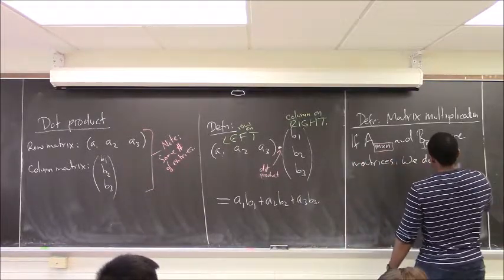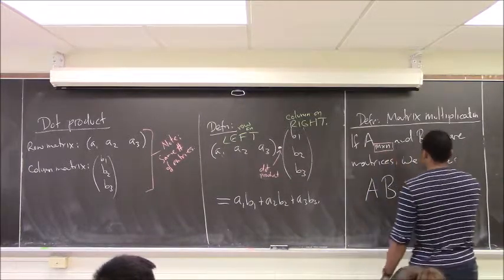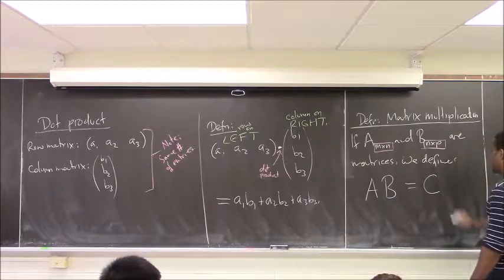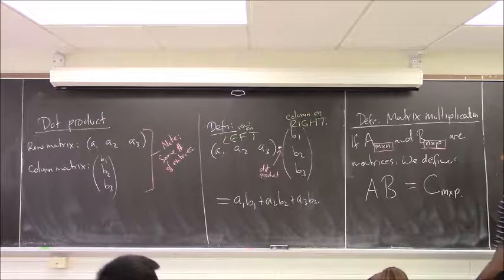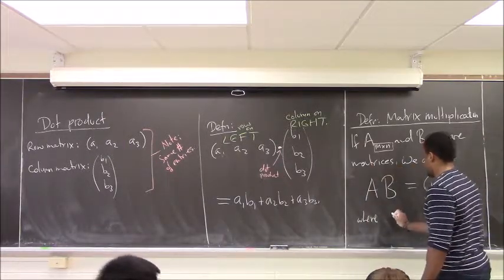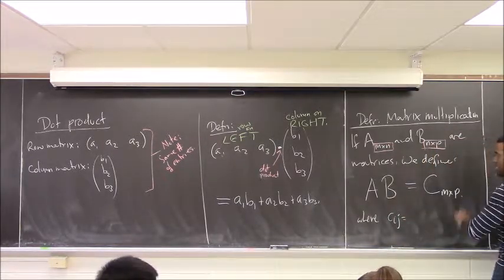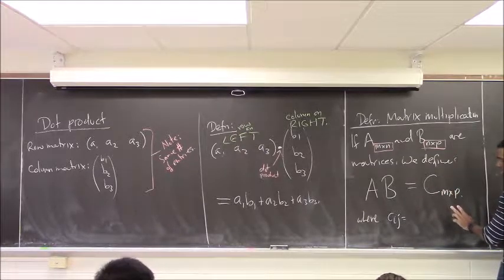So for our matrices, we define A times B to be equal to the matrix C, and C is actually going to be an m by p matrix, where Cij. So when you multiply two matrices, you're going to get another matrix. That's going to be the size of that matrix. How you compute each entry is going to be the following.